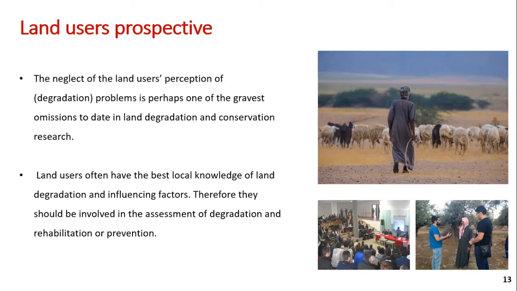When we talk about land user perspective, it involves all stakeholders. What do we mean by all stakeholders? For example, you have the landowner, and you have the farmer, if the farmer is not the owner of the land. Then you also have the local government and the government. You bring all of these stakeholders together in one place, like a conference, as you see here in the picture.